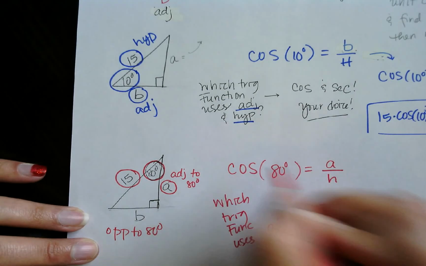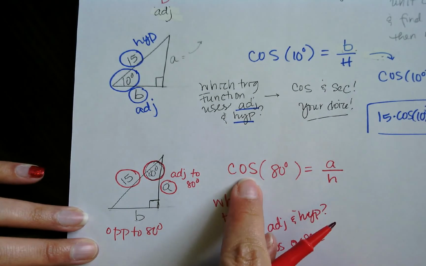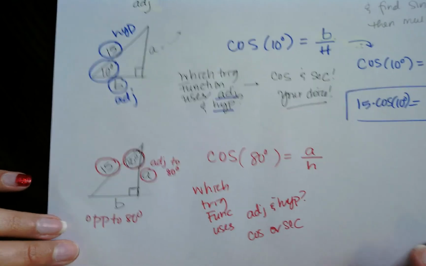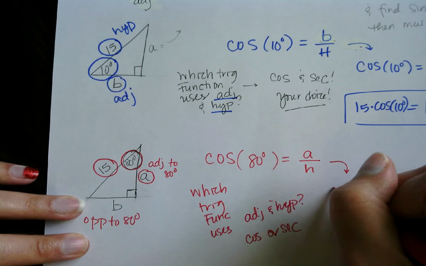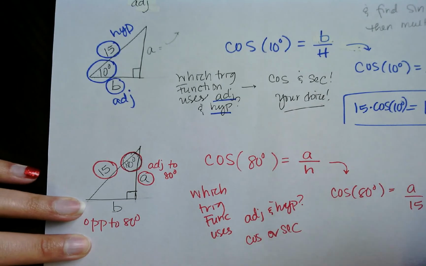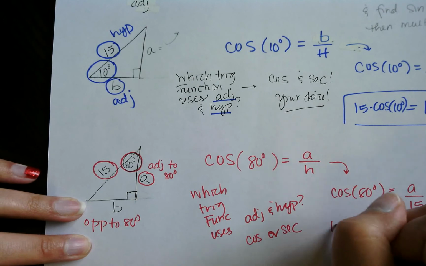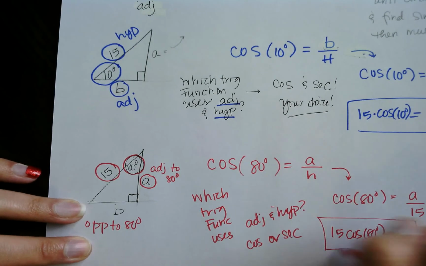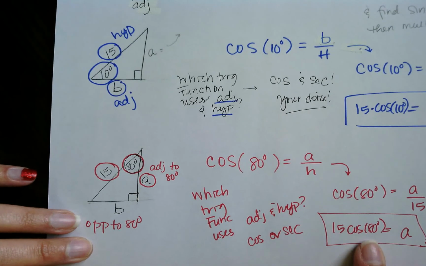So we're going to use the cosine function. That's how you pick your function. What sides am I using? And then that's where I'm plugging into my degree. So I got cosine of 80 degrees equals a over 15. A equals 15 cosine of 80 degrees. So that's what a would be if we use the 80 degrees.